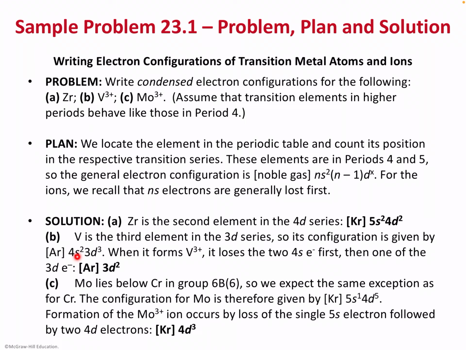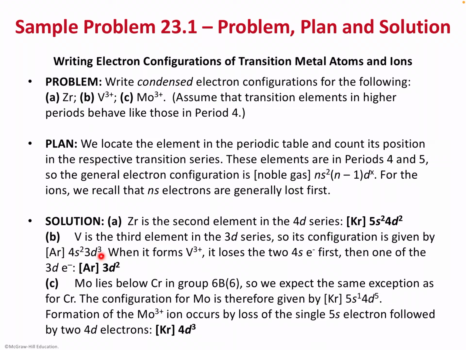You first fill up the 4s, so 4s2, then comes the 3d. In the d electrons, that's the 3rd element, so it's 3d3. Remember, it follows this configuration: Ns2, s is in the 4th period, 4s2, then (N-1), 4 minus 1 is 3d. So 3d, vanadium is the 3rd element, so 3d3.